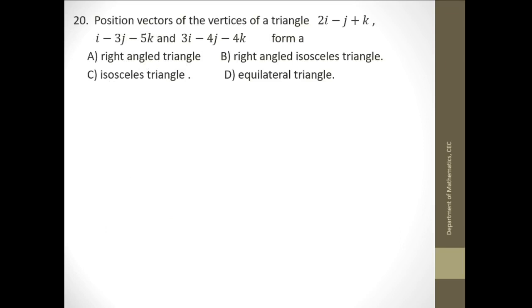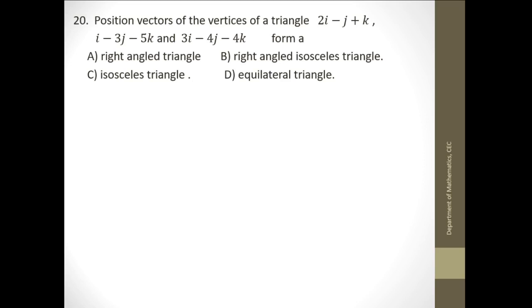Position vectors of the triangle are given. Suppose the triangle is ABC. So the point A is 2, minus 1, 1, B is 1, minus 3, minus 5, C is 3, minus 4, minus 4. And the question is whether the triangle is a right angle triangle, or right angled isosceles triangle, or isosceles triangle, or equilateral triangle. For that you are going to find the vector AB, vector BC, vector CA.